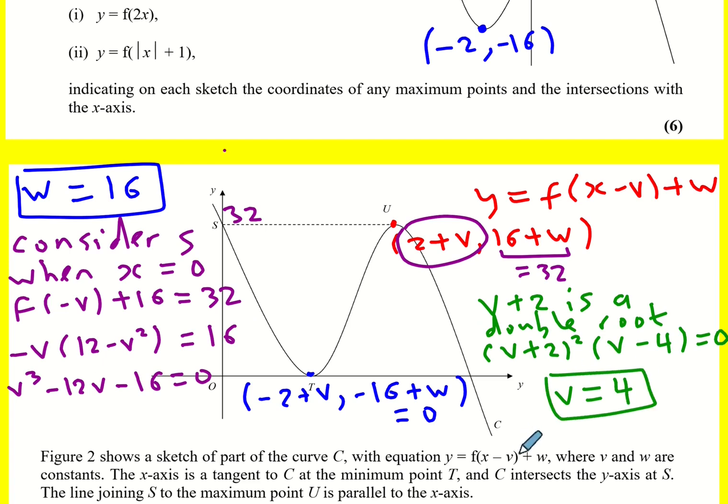Remember, v is actually, just by looking at the graph, we can see that v is positive because it's moved to the right. So it can't actually be -2, and because this isn't actually there, ignore v equals -2.